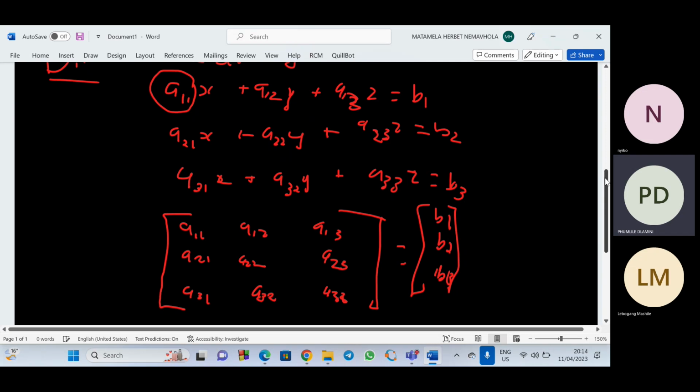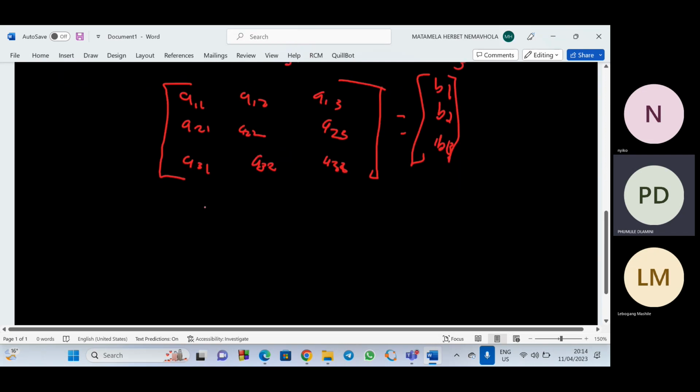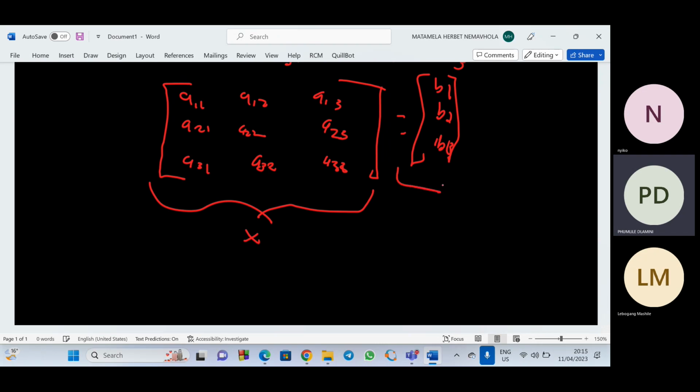So this matrix we can let be equal to X, and we can let this be equal to B. So this is the matrix of X over B.